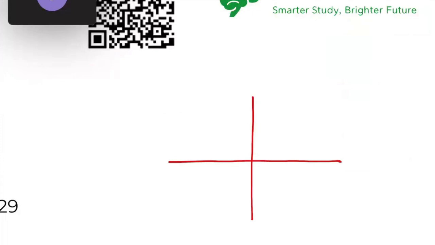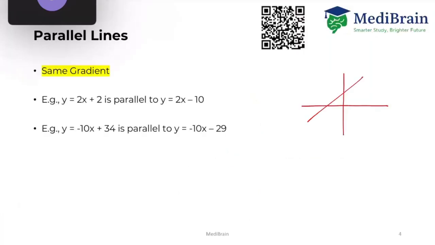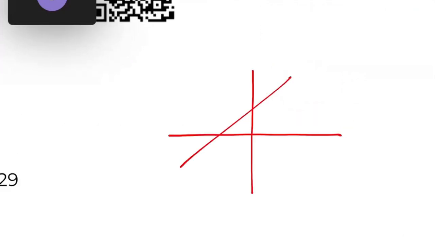Over here, let's say we had this line. And if a line was parallel, we know that the line would be something like this. This line is parallel to the red line. Both the black and the red line are parallel to each other.